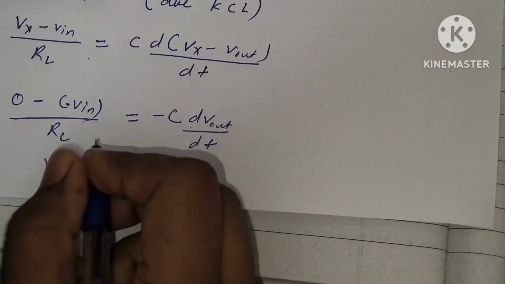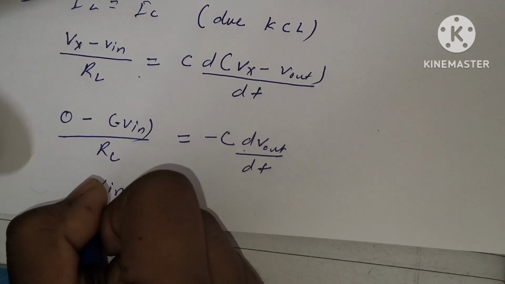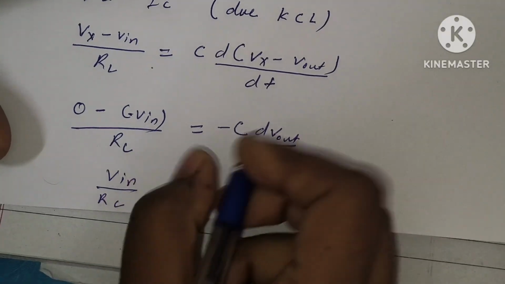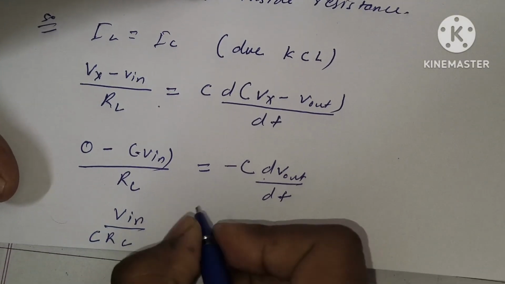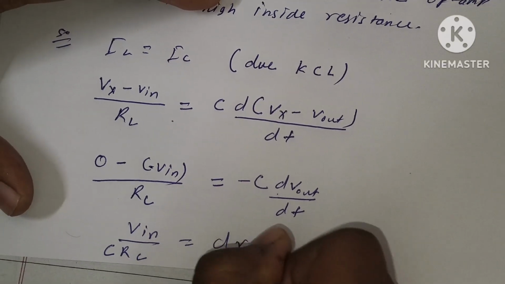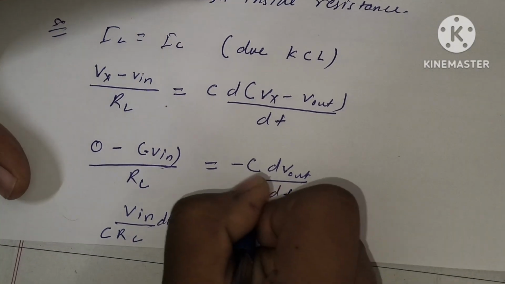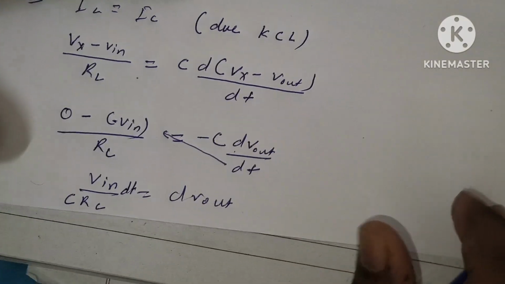So V in by RL C is equal to minus dV out by dt.